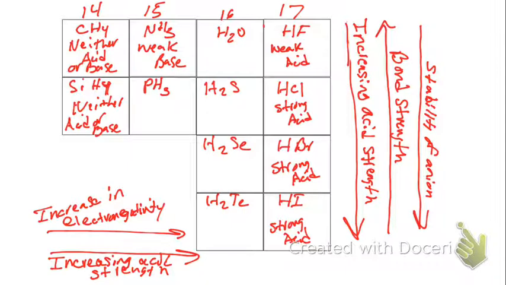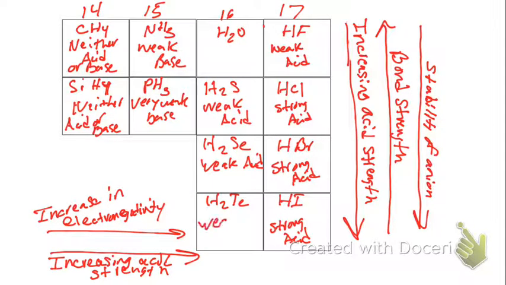PH3 is a very weak base. It's a stronger acid than ammonia is. And then H2S is a weak acid. And then we go to our strong acid because of the electronegativity difference. Weak acid and a weak acid. Okay, so we kind of filled in this table. So basically know these relationships and you'll be good to go on this.